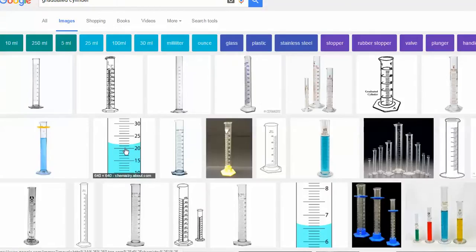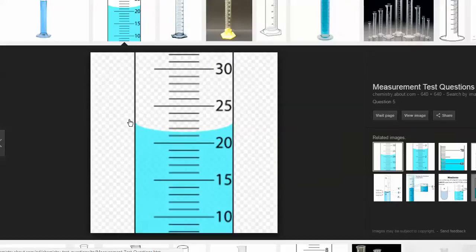Right here, this picture is particularly interesting because it shows that the water kind of creeps up the side of the glass because water and glass are slightly attracted to each other. So when you're reading a graduated cylinder, you always try to read it at the lowest spot. That's called the meniscus. But I guess that's a topic for a different video.